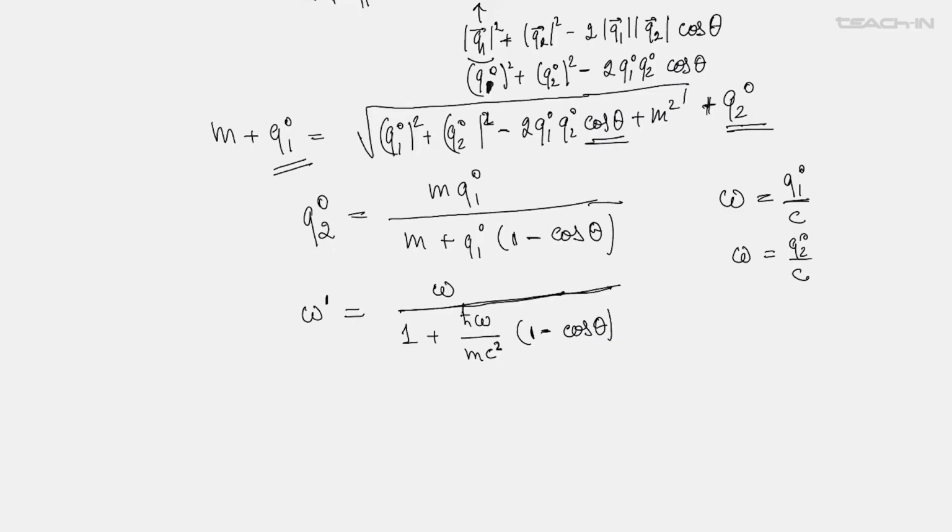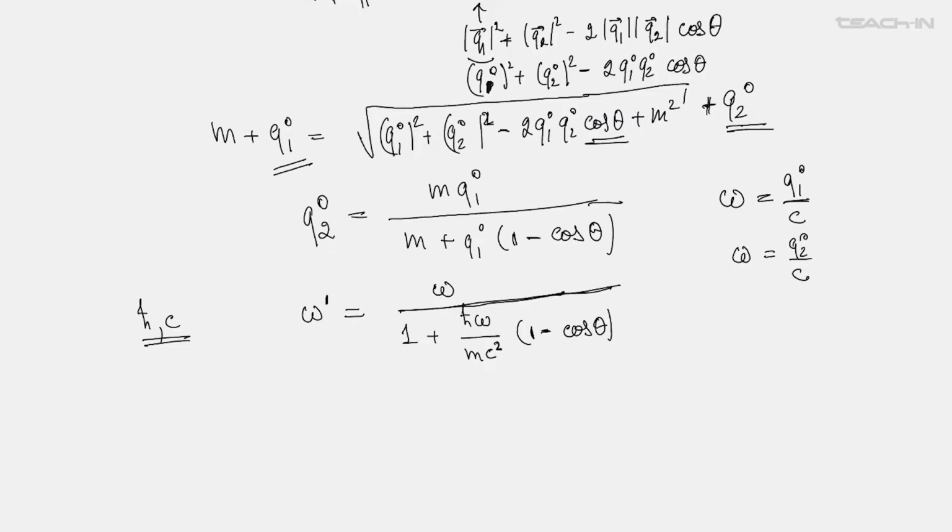Sorry, so previously you have excluded h bar and c. Yes. Now I'm just restoring them. Yes, so h bar, c, all the physical constants are restored. You can see that this is what is needed in order to get the correct physical dimensions.